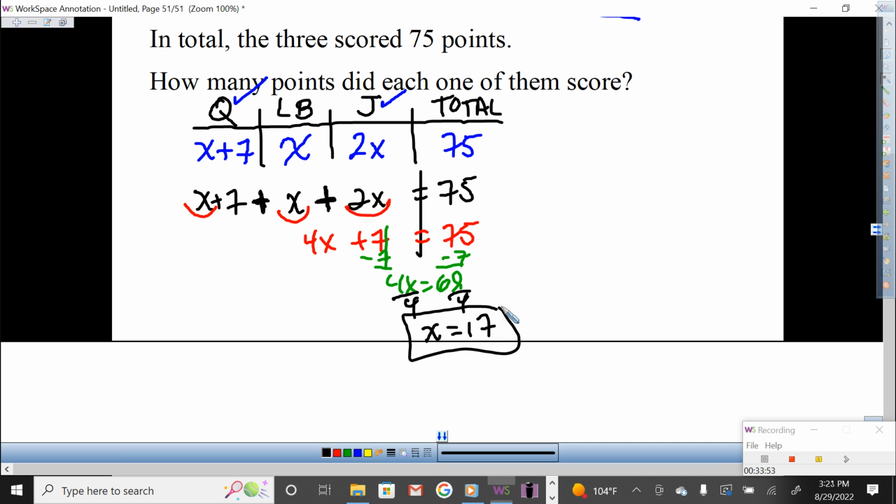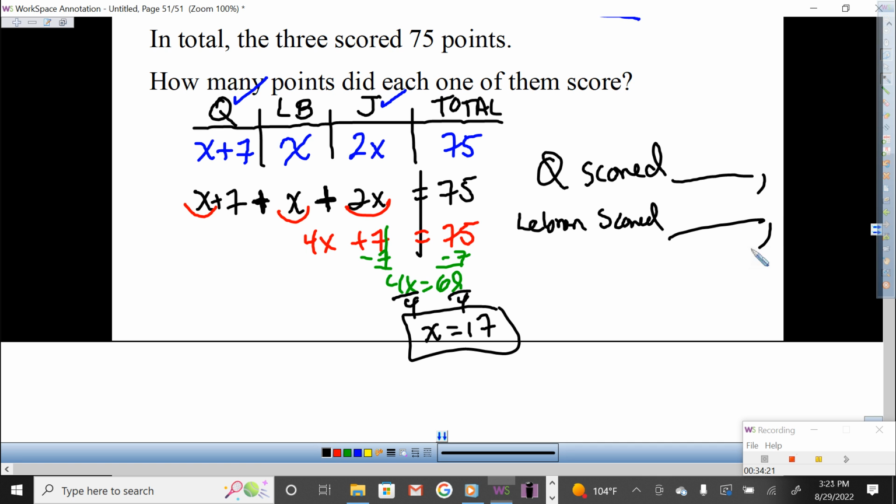All right, now be careful with these because even though you finished solving the equation, you haven't answered the question. What is the question? How many points did each score? So on the side, I want you to write a statement. I'm going to write Q scored blank, comma, LeBron scored blank, comma, and Jordan scored blank.